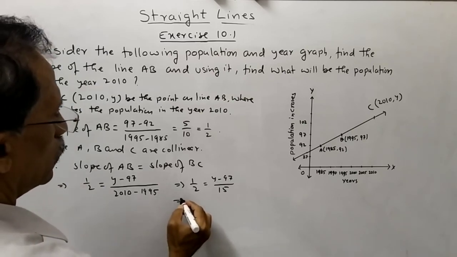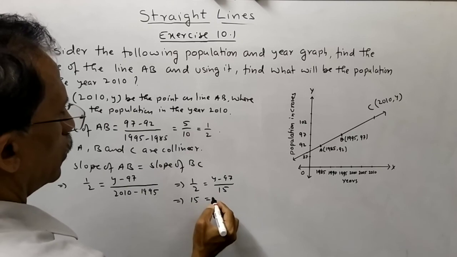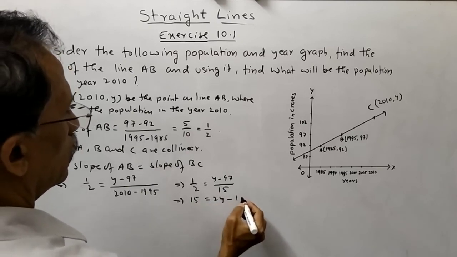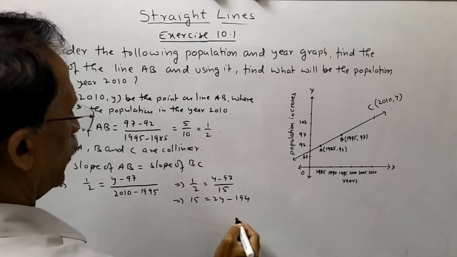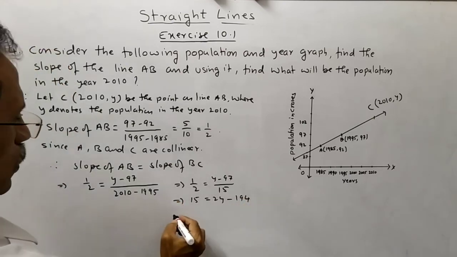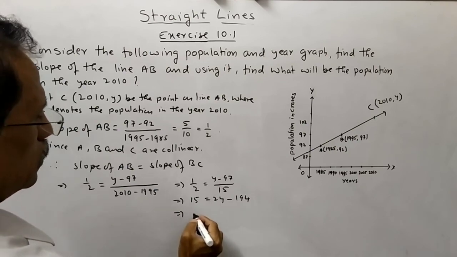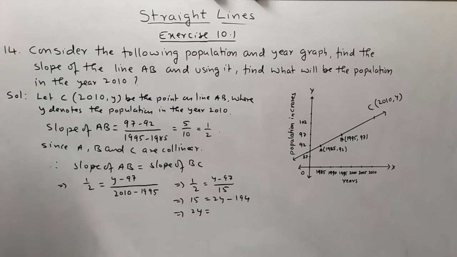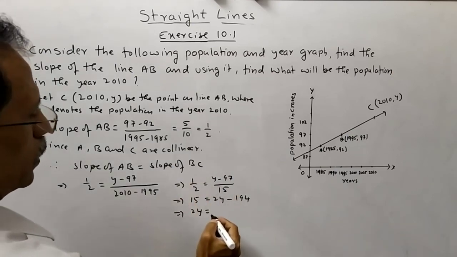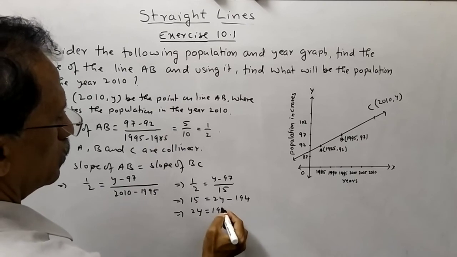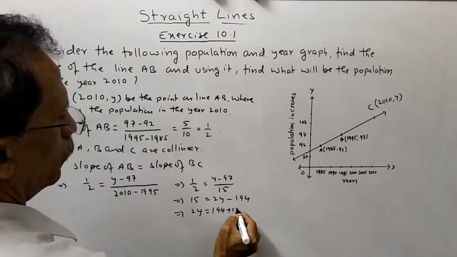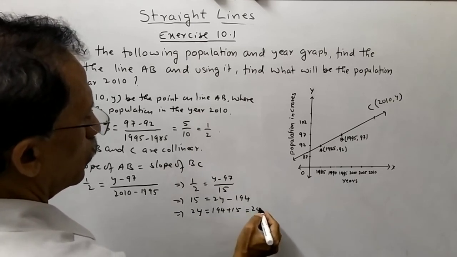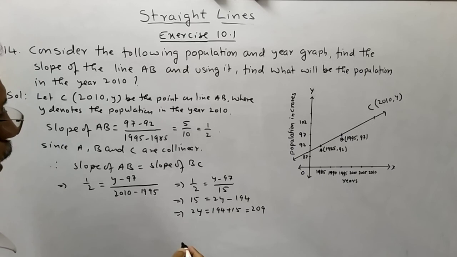This implies 15 is equal to 2y minus 194. This implies 2y is equal to 194, you can bring this side, plus 15, is equal to 209.